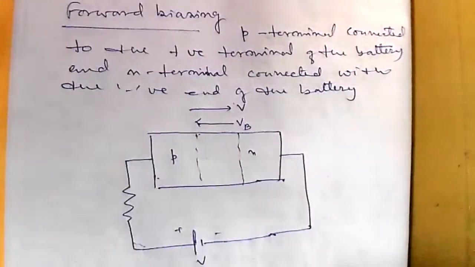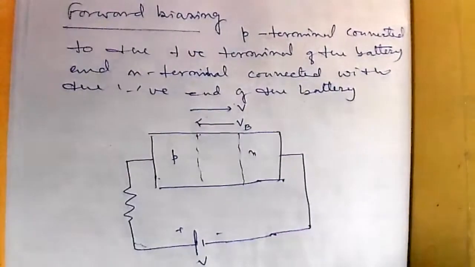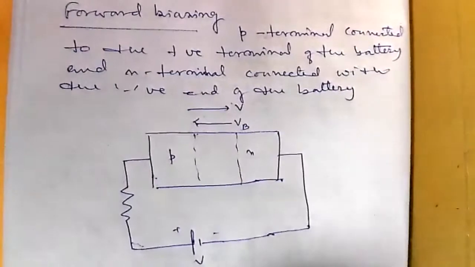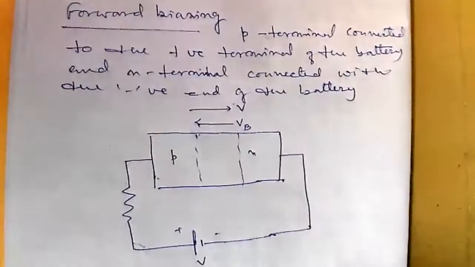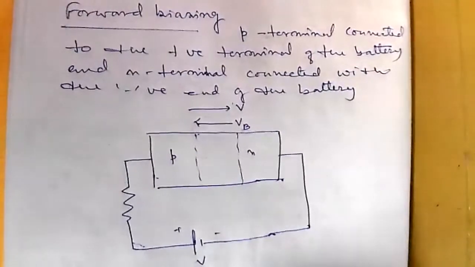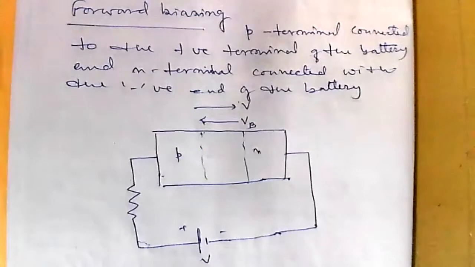So there is a change in the barrier height. How much? This is the applied potential. So now the height of the barrier will be VB minus V. Okay.